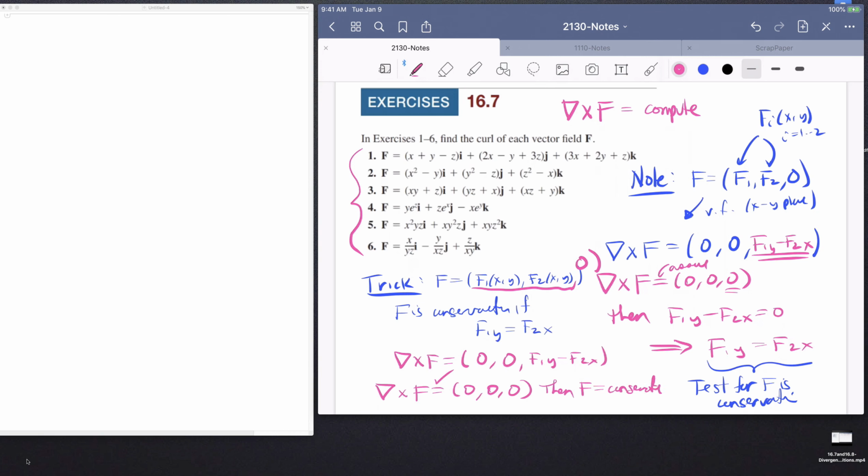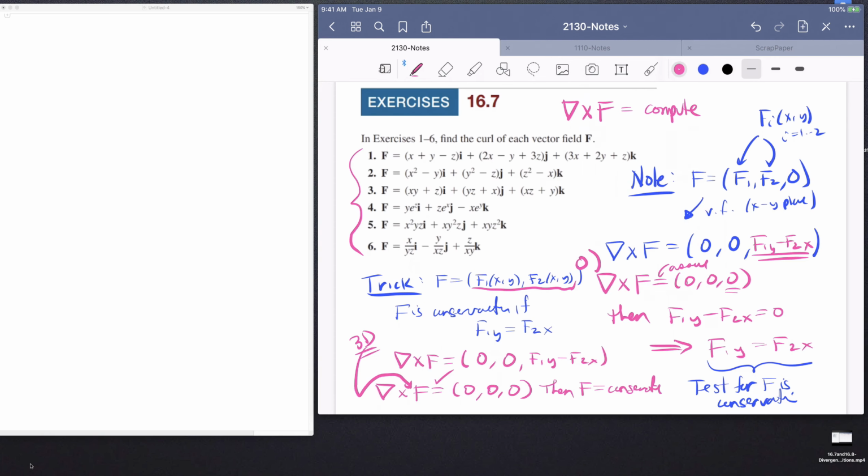And this is a nice test because this curl operation extends to 3D vector fields, and we can determine if a 3-dimensional vector field is conservative or not. Okay, and that will come in handy when we try to do the fundamental theorem of line integrals.